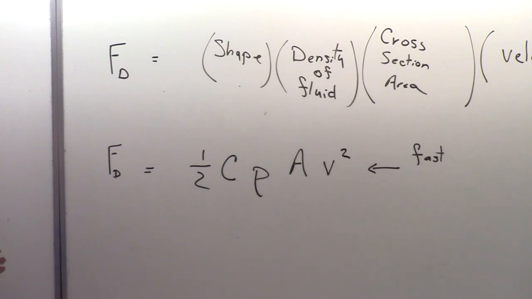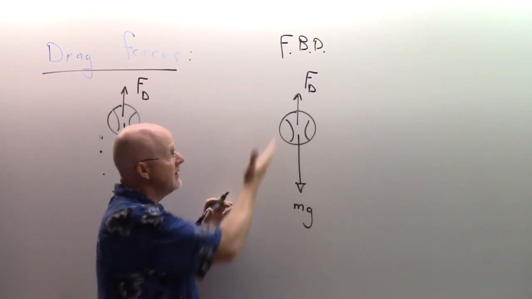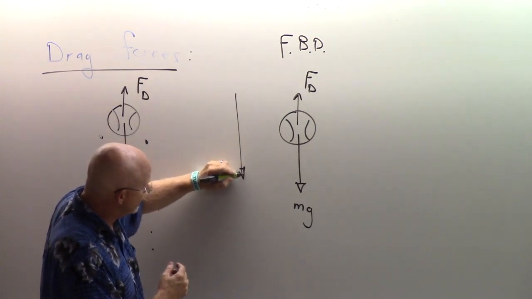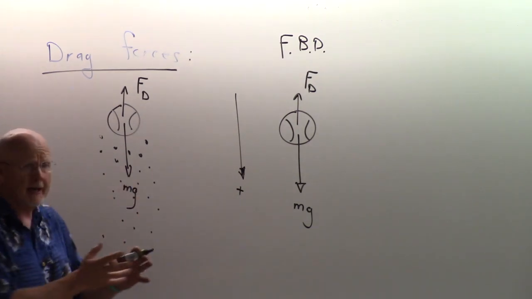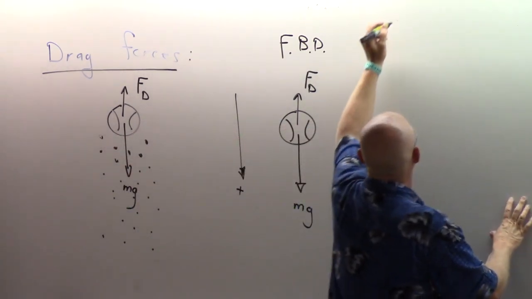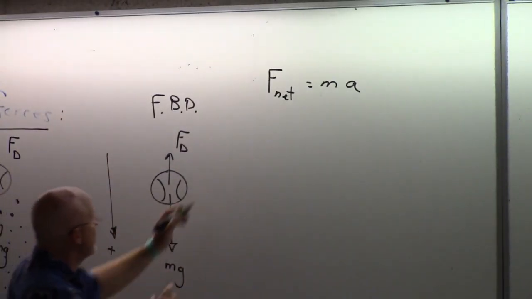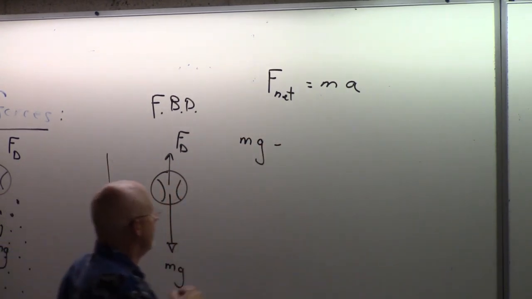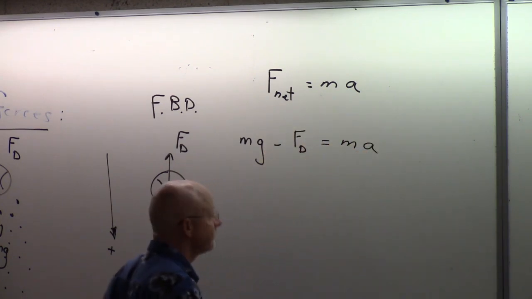Can we do a free body diagram here real quick? Here it is. Isn't this pulling it down and this lifting it up? Let me do something that I haven't been doing too often, and that is, let's call down positive. If I applied Newton's second law here, the net force equals ma, and I looked at this, I would say down is mg, the drag friction, Fd, has to equal ma.